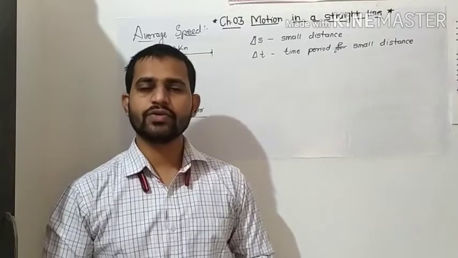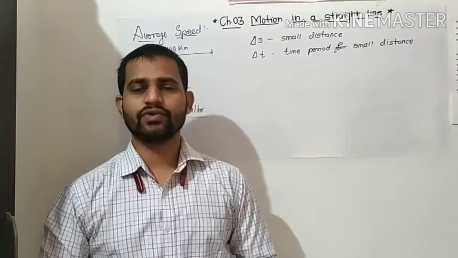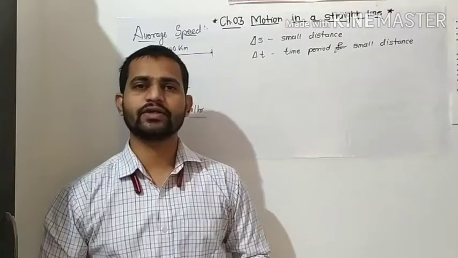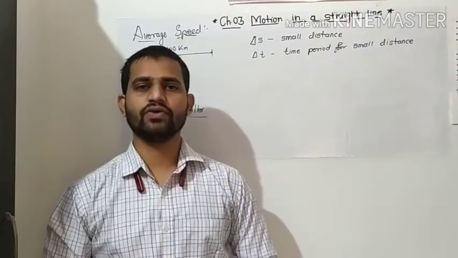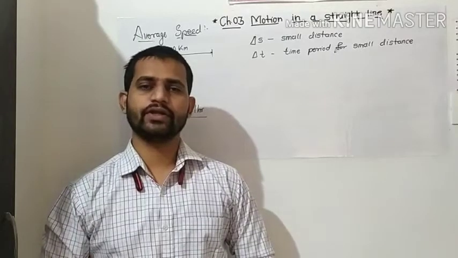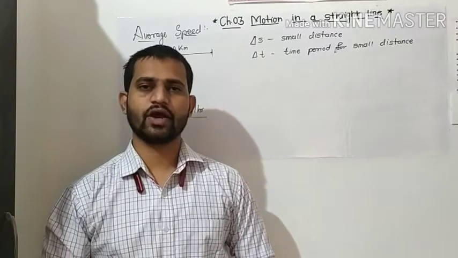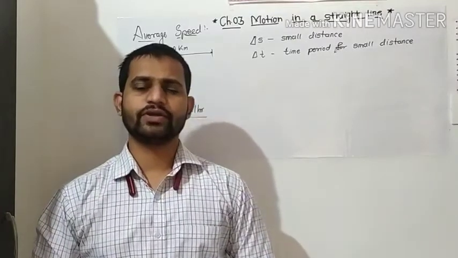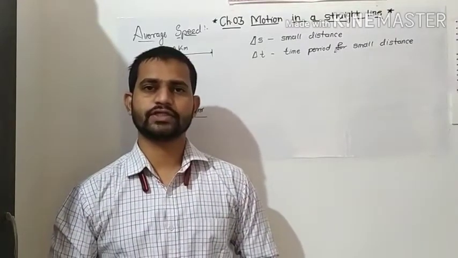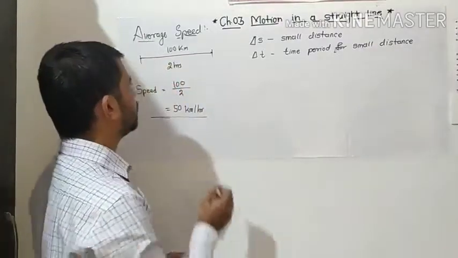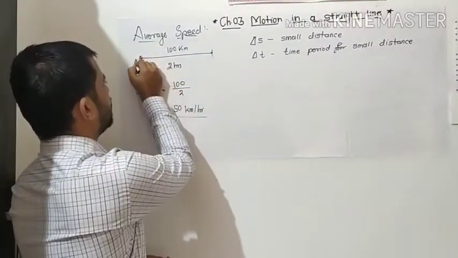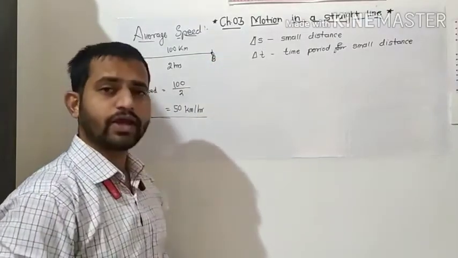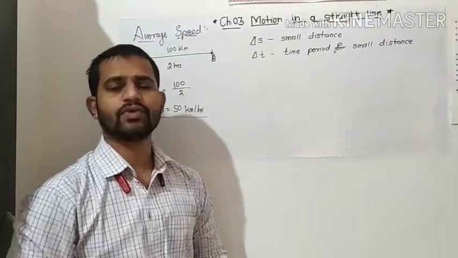So when we have to calculate the speed, how can we calculate the speed for the points between the two distances? If we have to calculate the distance between point A and point B, and for this we have to calculate the average speed, then how can we calculate it?